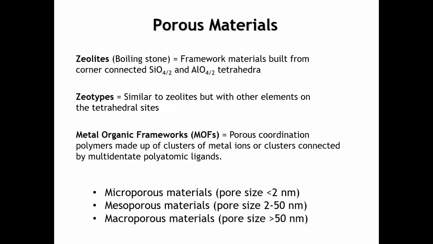Now, we can classify porous materials as microporous, mesoporous, or macroporous depending on the size of the pores by which molecules can come in or out of the material. By and large, when we talk about zeolites and metal organic frameworks, we're talking about microporous materials.